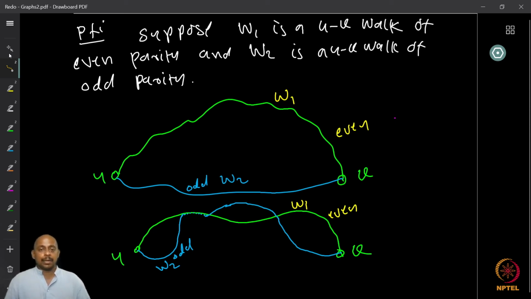Now we proved, at least as a homework I gave you, that if there is a closed walk of odd length, then it must contain an odd cycle. A closed walk of even length does not tell you there is an even cycle, but a closed walk of odd length tells you there is an odd cycle.